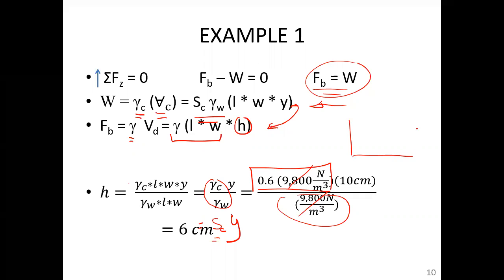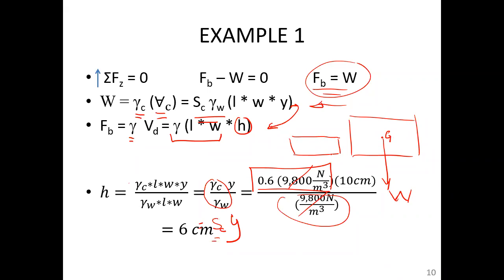And remember, the weight acts at the center of gravity because this is a uniform density material. Whereas the volume displaced on the left here is the water, and the buoyant force acts through the center of gravity of the displaced volume.